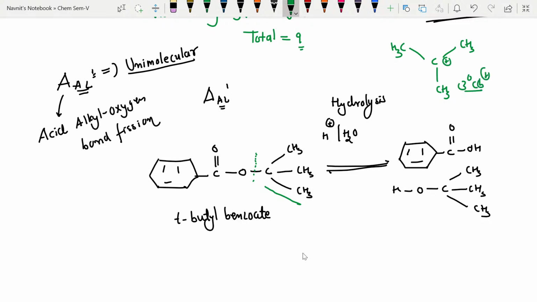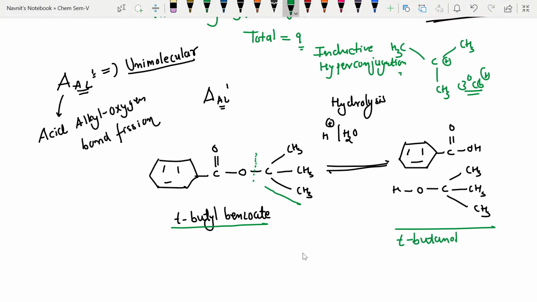We know the tertiary cation is stable because of the inductive effect and hyperconjugation. So this is the concept of AAL1. Here we use tertiary butyl benzoate, an ester formed by benzoic acid and a bulky alcohol, tertiary butanol. The other product is benzoic acid. This is the hydrolysis.